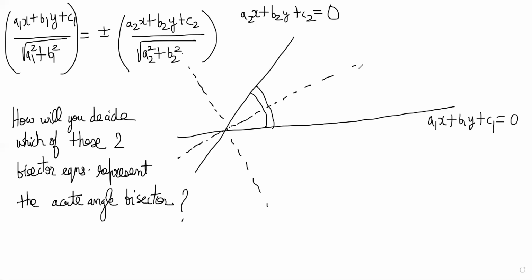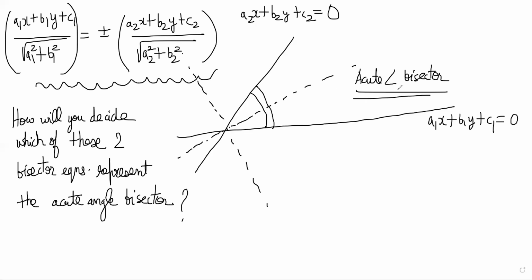From the figure, I know if this is less than 90, then this is my acute angle bisector, and this is my obtuse angle bisector. However, from the equation, we don't get that information. We don't know whether we should take plus sign or minus sign for the acute angle bisector, right?